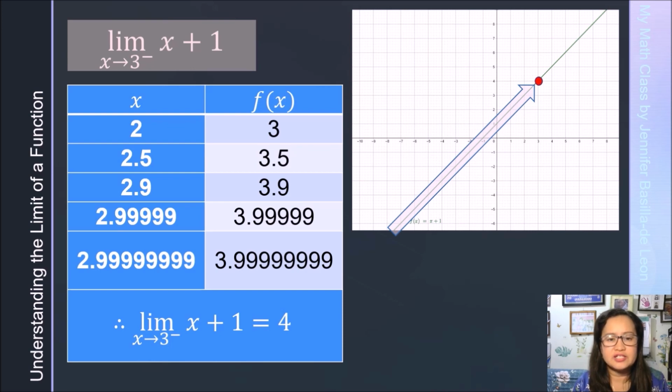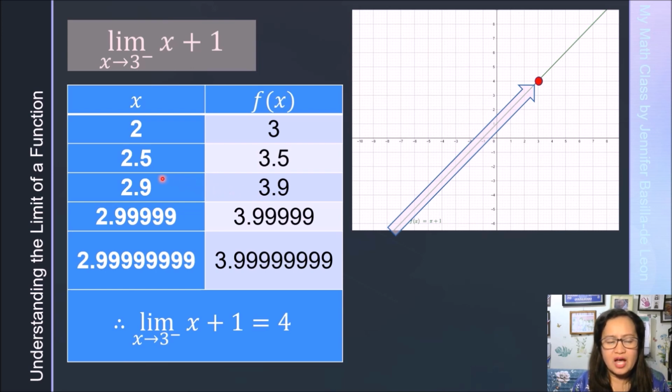In that case, the function will have a value of 3. When x is 2.5, the value of f of x would be 3.5. Whereas, if we have 2.9, replacing x by 2.9, the function will have a value of 3.9.